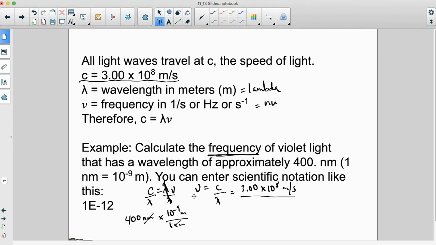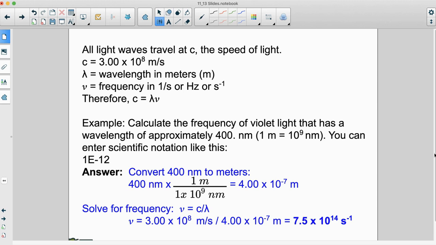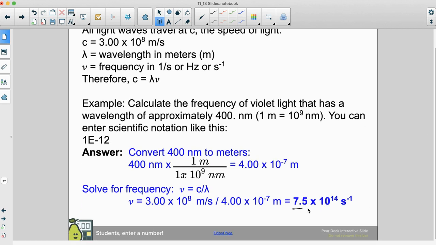That's going to equal 4.00 times 10 to the minus 7 meters. Meters cancels out, and we get an answer of 7.5 times 10 to the 14th seconds to the minus 1.